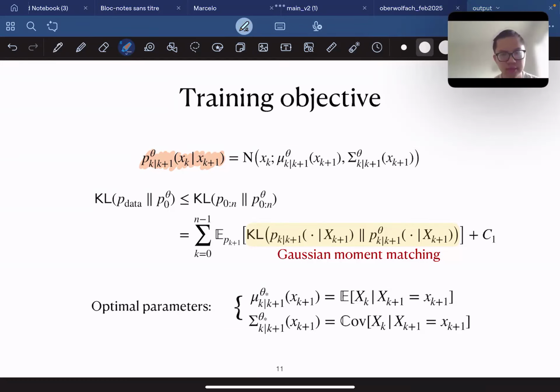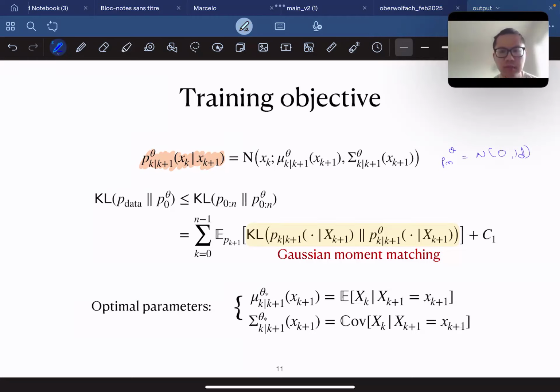xk plus 1. Now if you consider the Kullback-Leibler divergence between my ideal joint and the joint associated with my backward model, where I suppose, though it does not really change anything, that my original Pn theta is simply the Gaussian.